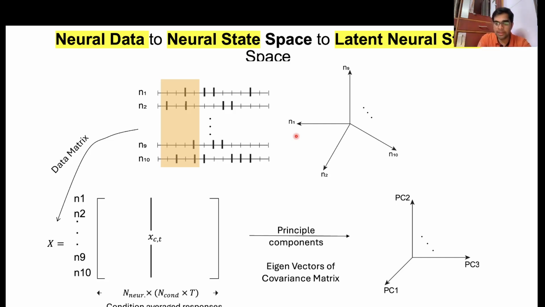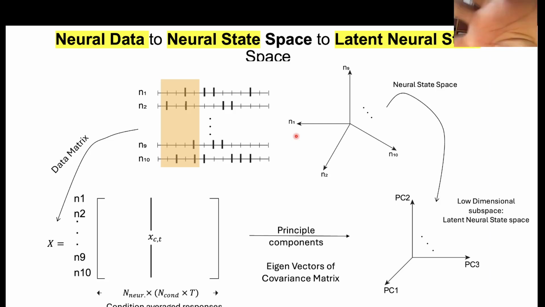So once you get the principal components, you have the neural state space, which we discussed previously, and this low dimensional subspace that we built. Within this, you can have another subspace which has a particular structure to explain the neural data in a structured way, the hidden variables here.